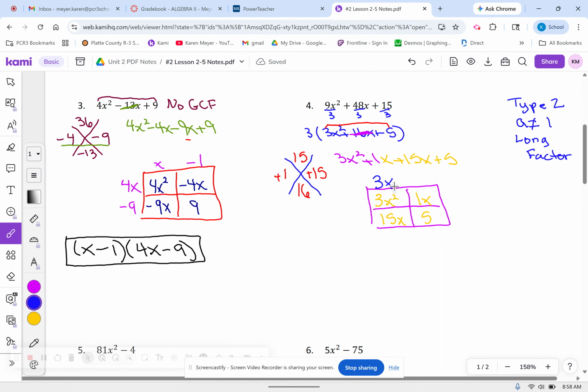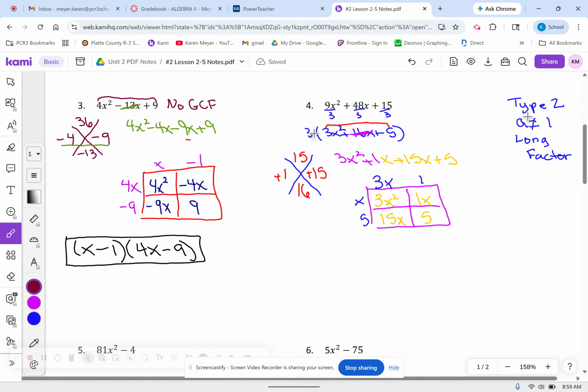Sometimes it could be a number and an x. So now 3x times what makes 3x squared? Well, that would be x. x times 1 makes 1x. And 3x times 5 makes 15x. And 5 times 1 makes 5.